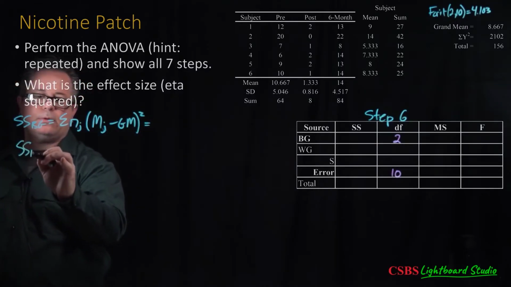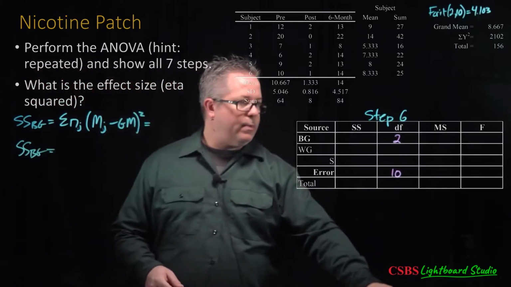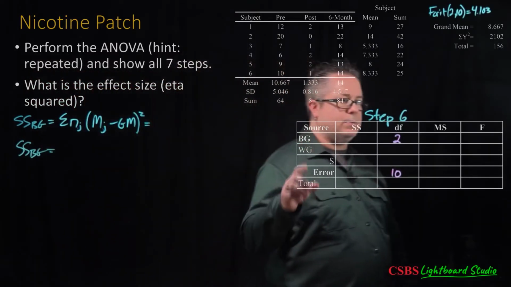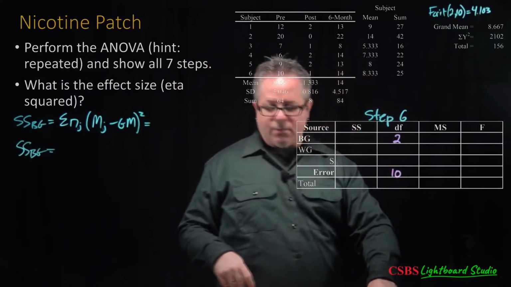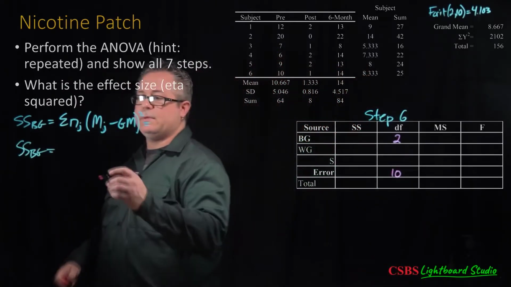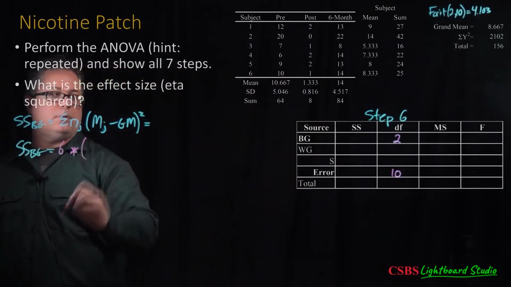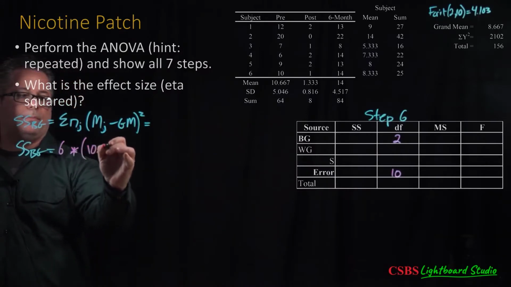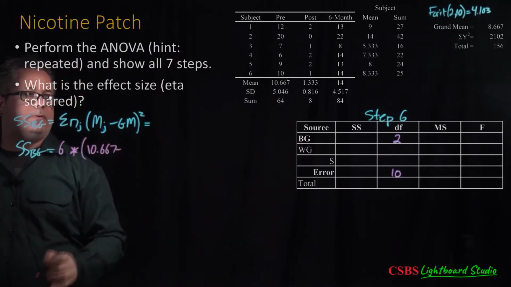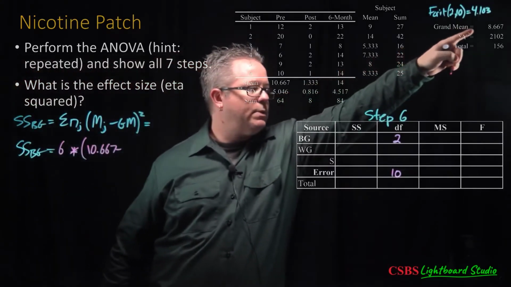Sum of squares between groups equals. So how many people go into each of these means that we're comparing? There's 6 of them. So we're using 6 times the first mean, which is 10.667, minus the grand mean, which is way over there in the corner, 8.667.